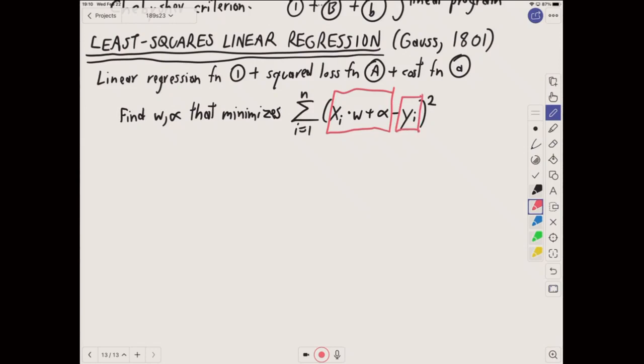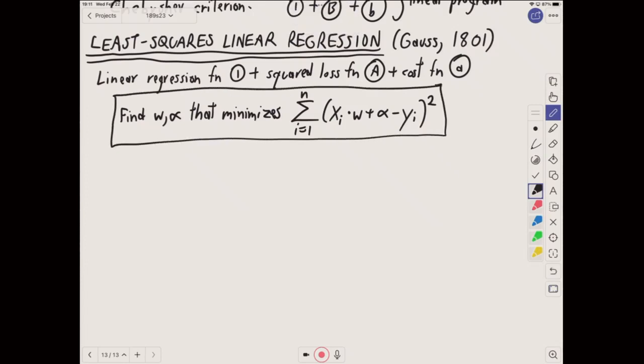So it's just the sum of squares of errors over all of the training points. Let's find the w and the bias alpha that makes this as small as possible. And I'm going to put this in a box to remind you that this is a formally stated optimization problem, so then you can abstract that away and solve it.